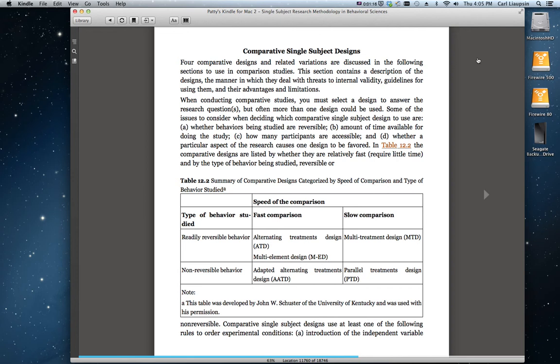He has it laid out in terms of designs that allow you to work quickly and get a fast comparison, and designs that take more time and get you a slower comparison. So if you've got to get in and out of a situation pretty quickly, and you don't have a lot of time to run your comparison study, you want to choose one of these fast designs.